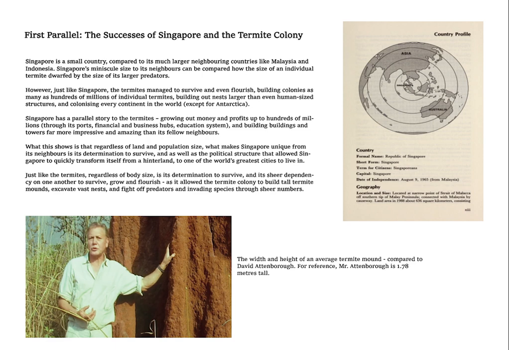It compares how, like the termites, Singapore is small compared to its predators. Singapore is really small in terms of manpower and land size compared to its neighbors like Malaysia, Indonesia or the Philippines. But what sets Singapore apart is its economic success, which is determined by its dogmas of survivalism and determined resilience.